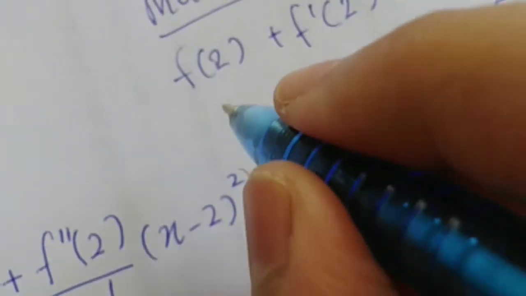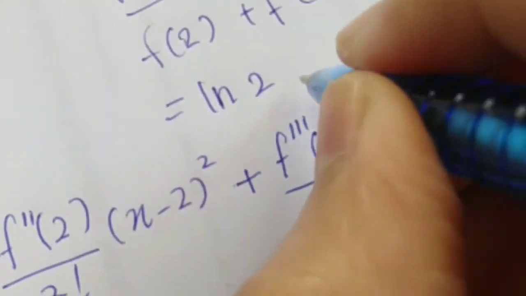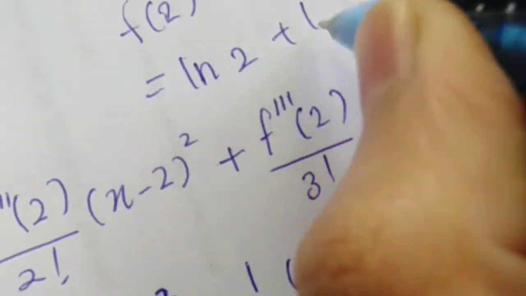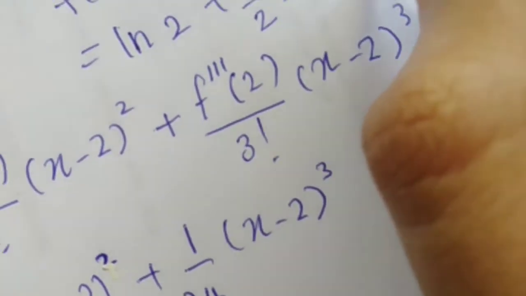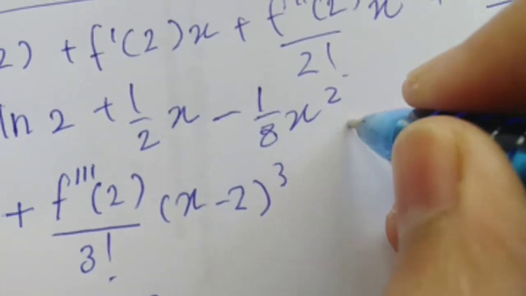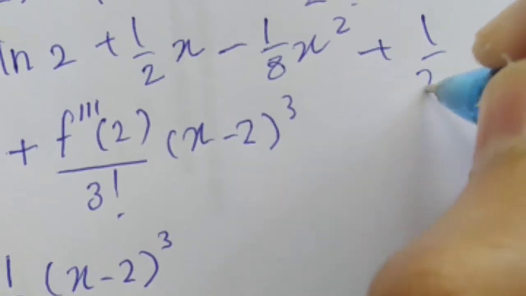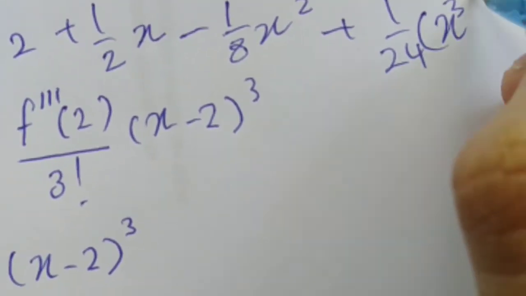So we substitute the values. This is ln 2 plus 1 over 2 x minus 1 over 8 x squared plus 1 over 24 x to the power 3.